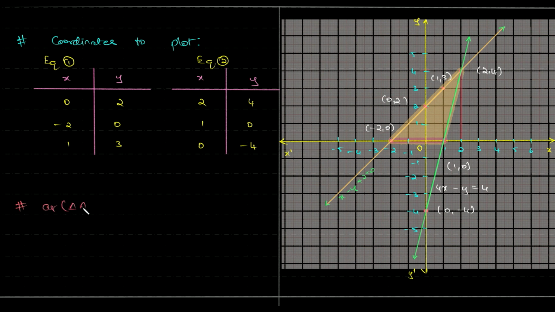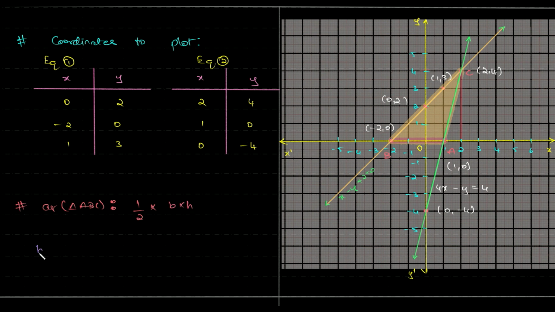Area of triangle ABC. We need to name it so that your teachers will agree that yes, you have found the area of A, B and C. That is the region that is bounded by the two lines and the x-axis. That is equal to half into base into height. But base is what?